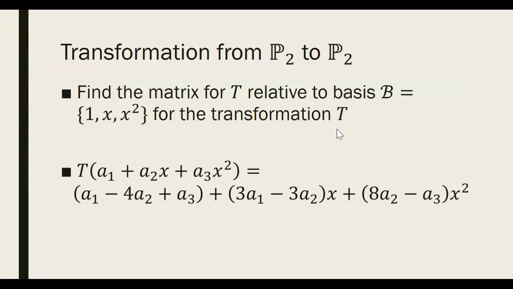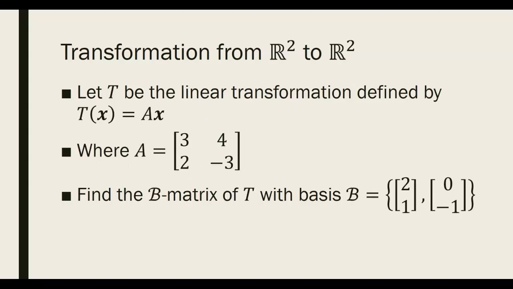Now things can get a little bit more complex when, instead of giving you a transformation and the outputs, what if I gave you the transformation as a matrix transformation to start with? So here we have a transformation T. It's a linear transformation, and it's defined by a matrix transformation, 3, 4, 2, negative 3.